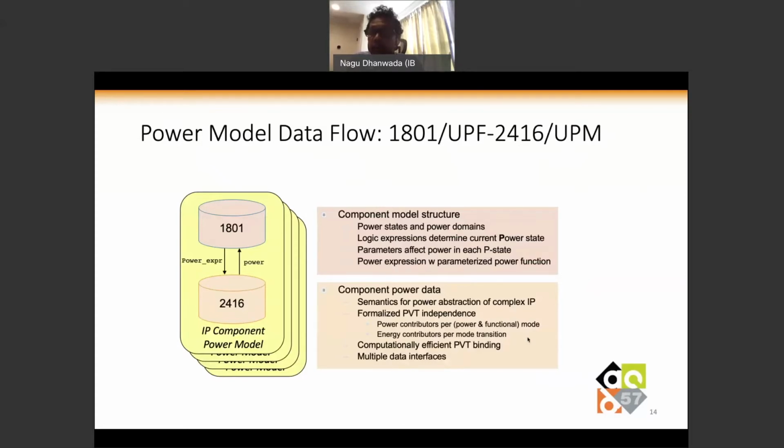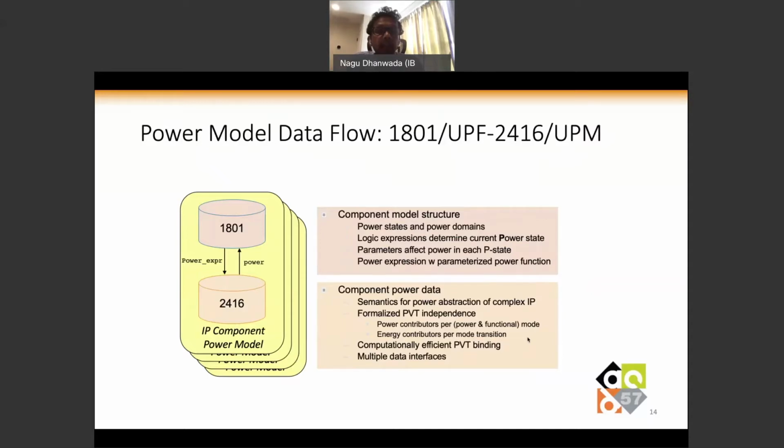So what 2416 accomplishes when interfacing with 1801 is that it formalizes the semantics for power abstraction of complex IP and models PVT independence, and it formalizes how the data is stored.